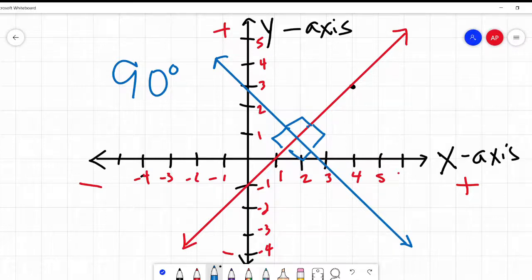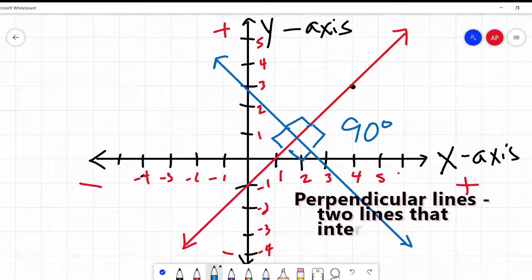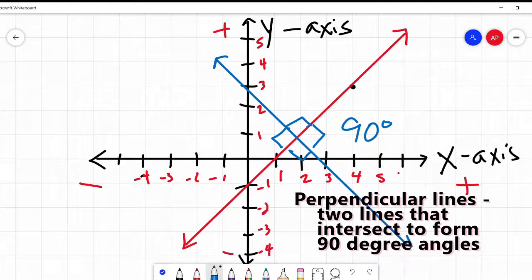If we have two lines that form 90-degree angles, these are called perpendicular. Perpendicular lines. They intersect and form 90-degree angles.